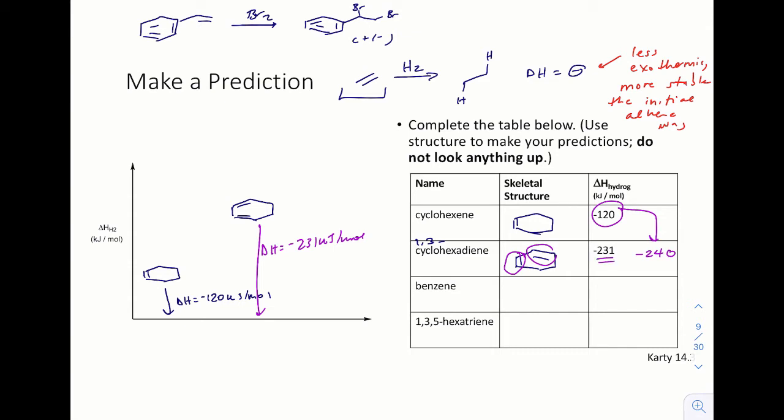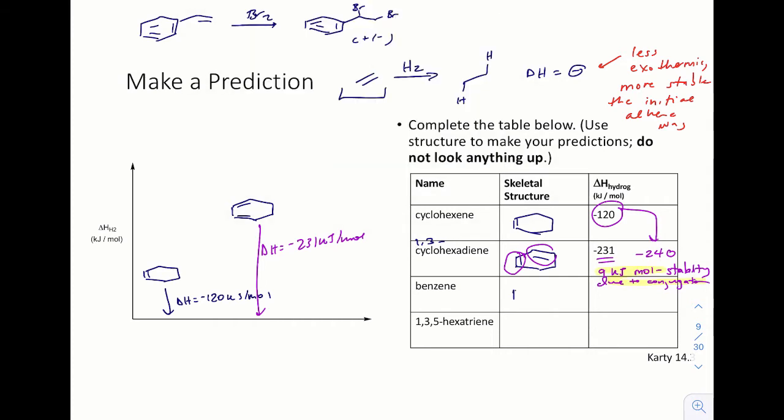It has a heat of hydrogenation of negative 231, so those 9 kilojoules per mole are just stability that the 1,3-cyclohexadiene has due to conjugation. So 9 kilojoules per mole stability just due to conjugation.